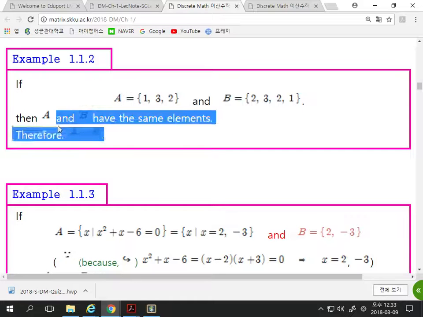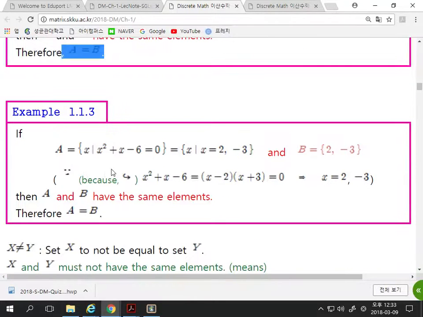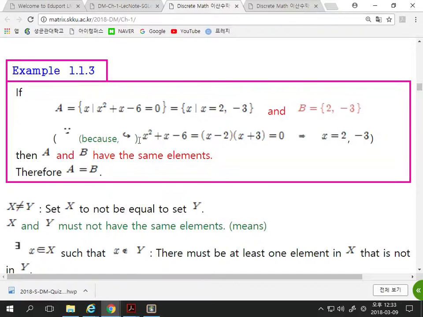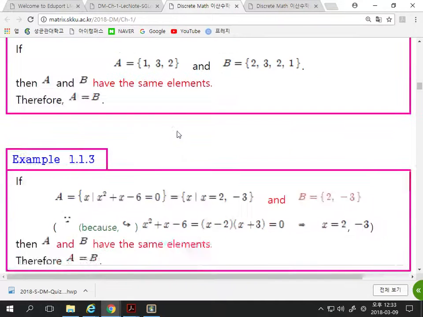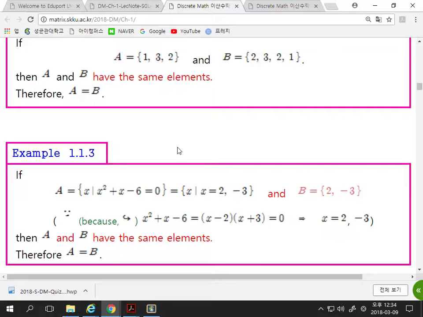So they are the same set. They are equivalent. Later, we will learn about multisets, which distinguish these two sets. But now we only count the distinct elements in a set.